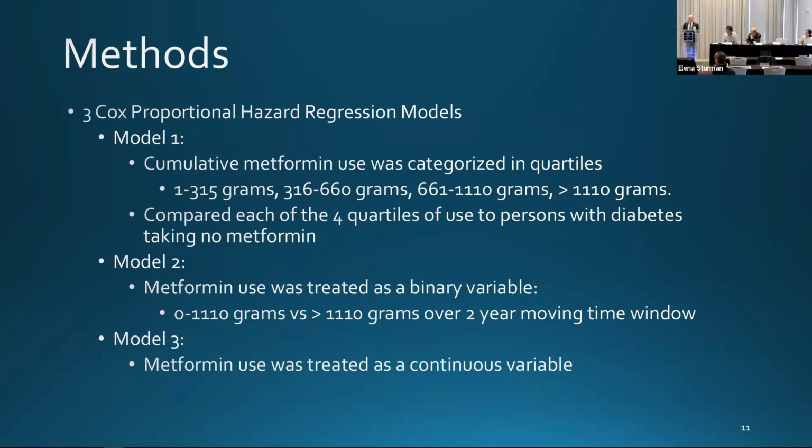And then we compared each of those quartiles to those who were not taking any metformin. The second model, we just treated metformin as a binary variable, less than 1,110 grams versus more than that. And then the third model, we treated as a continuous variable where we looked at daily use.